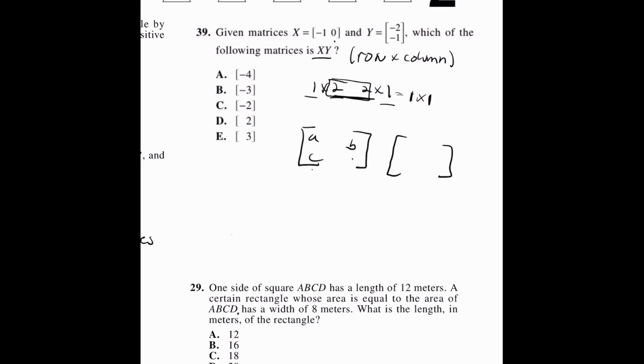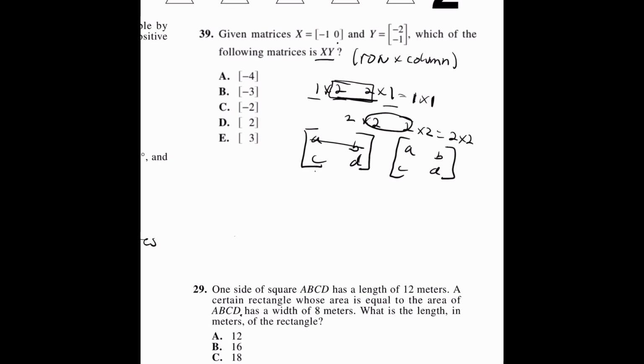A, B, C, D. A, B, C, D. When you multiply matrices, first of all, you double check to make sure that your matrices have the same middle number, which they do. And this will leave us with a 2 by 2. So you take this number, the row, and you multiply it by the first column.